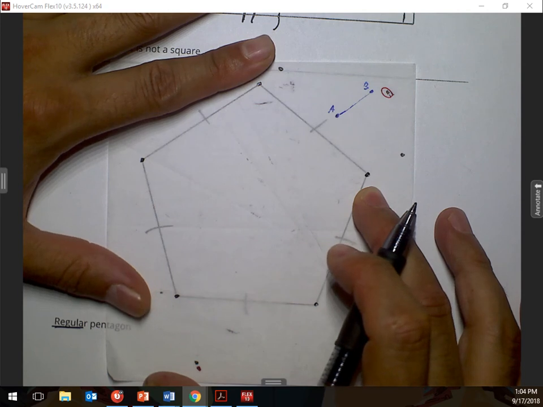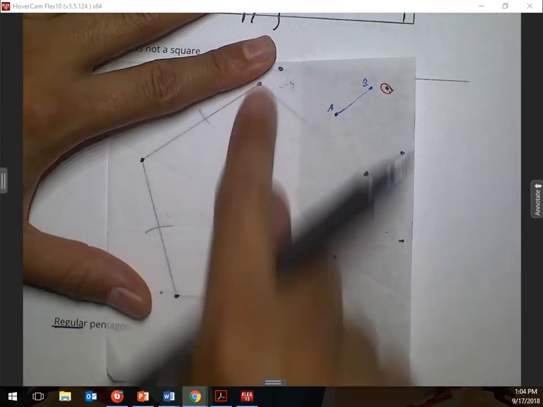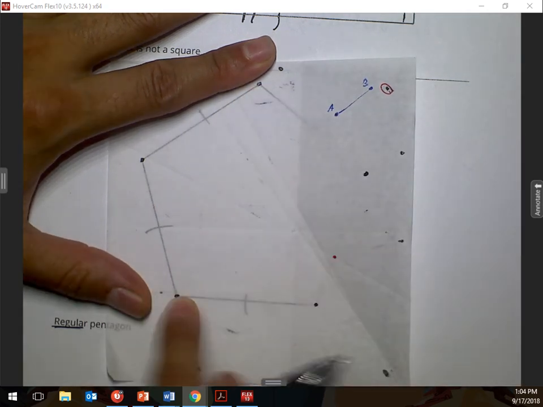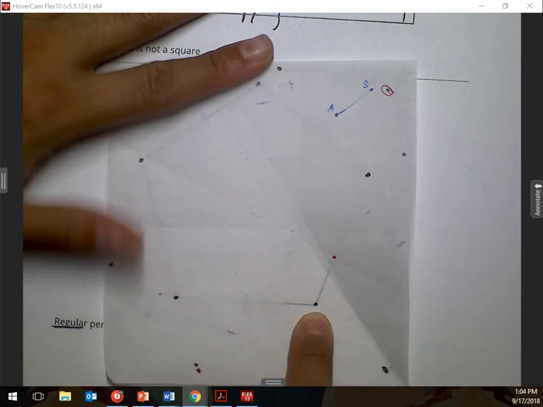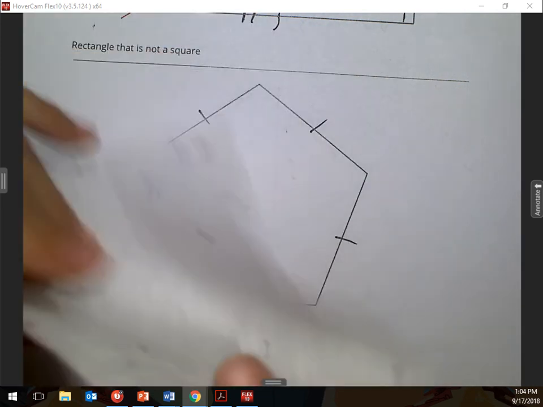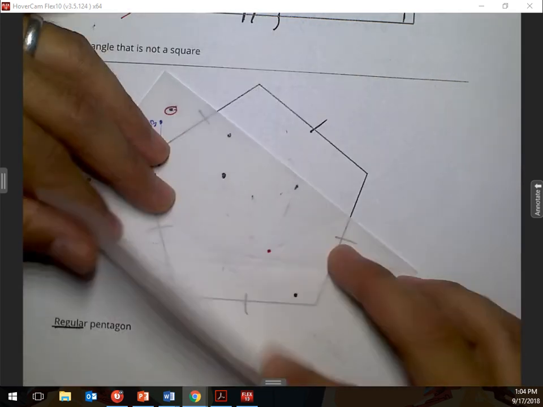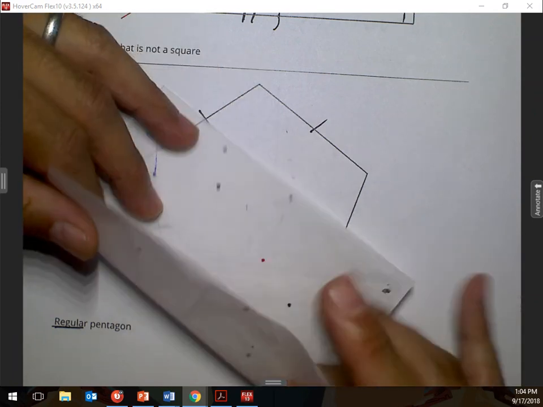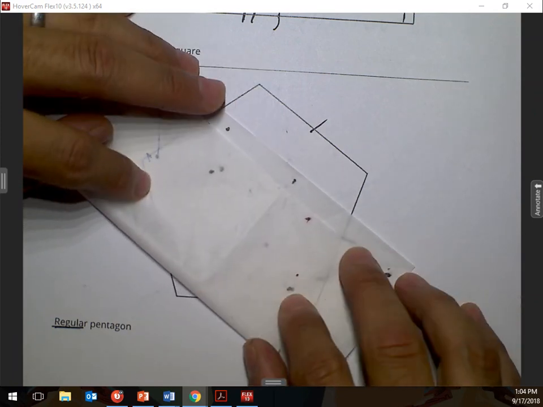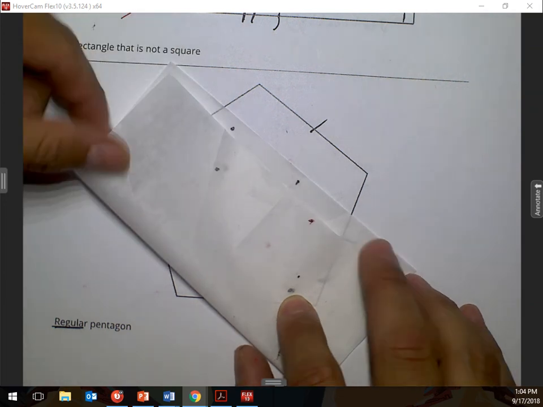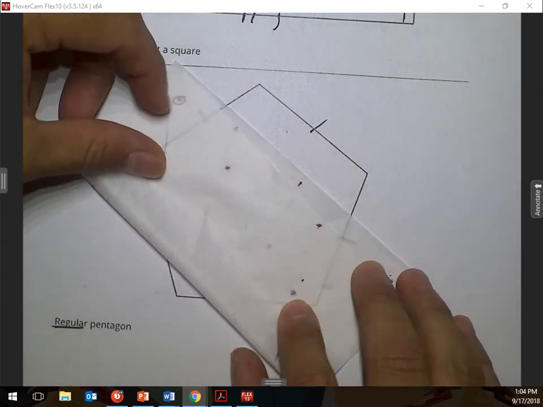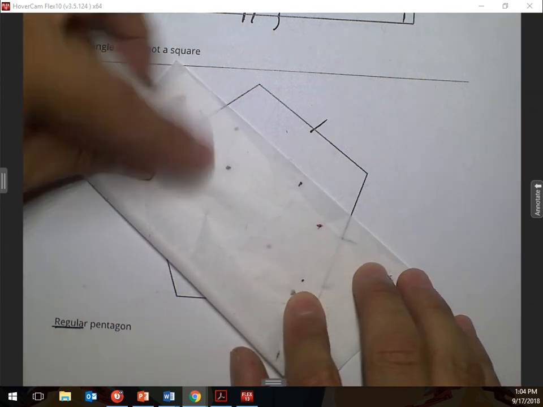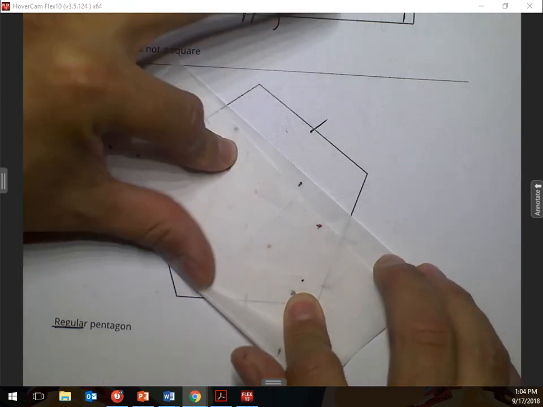Now I'm going to do a line of symmetry up and down. So I'm going to put this one on top of this. So if I do that right, and then I have to do the same thing for the other one, there we go.